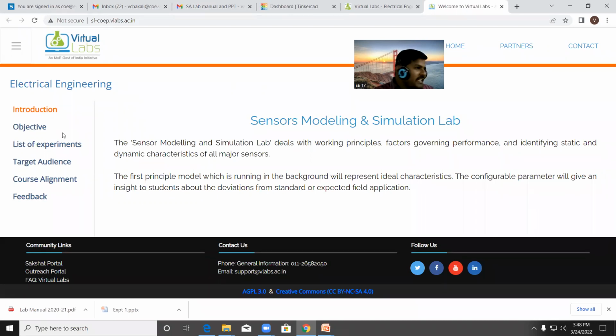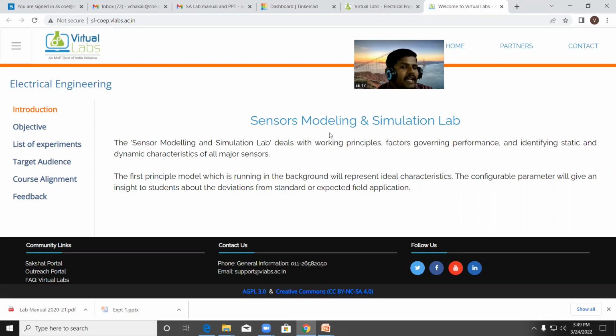Again here all the information is given: the theory related to that practical, the procedure related to that practical, how it will be performed, then target audience and course alignment, how it is aligned with our actual course or subject. So see, introduction: in the sensors and applications subject, we are giving an introduction regarding the simulation laboratory.